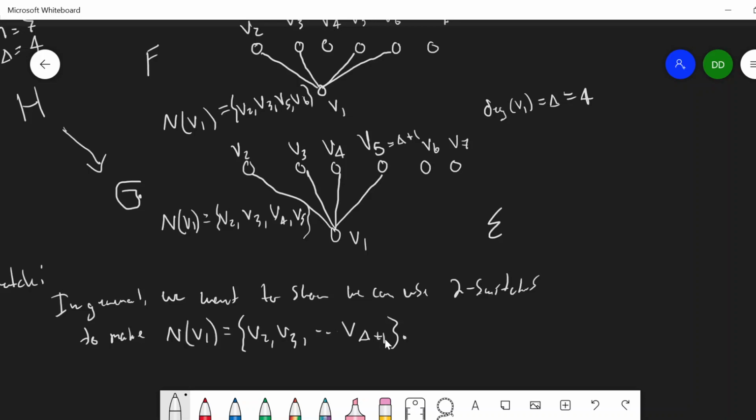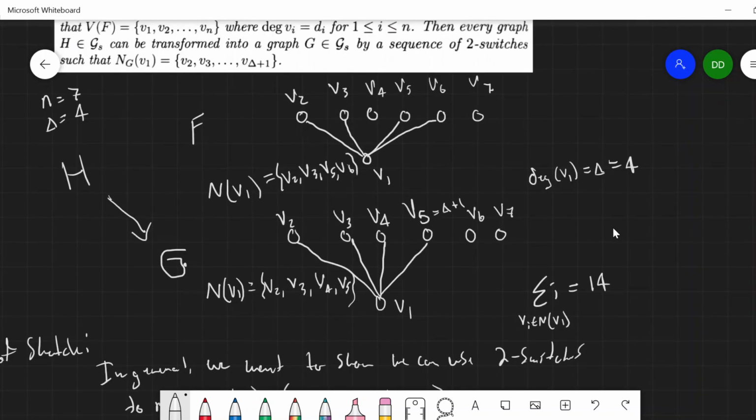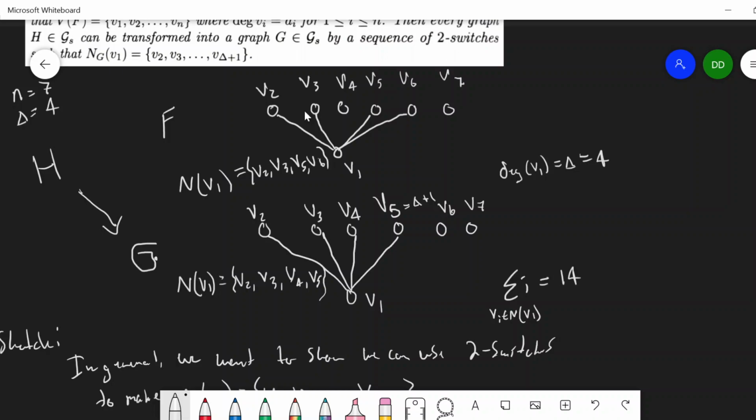So the sum of the subscripts, where Vi is in the neighborhood of V1. In this case I got 14. And for example, take this one, add up all these. Now I have 2 plus 3, that's 5. That's 16. So here the sum would be 16.